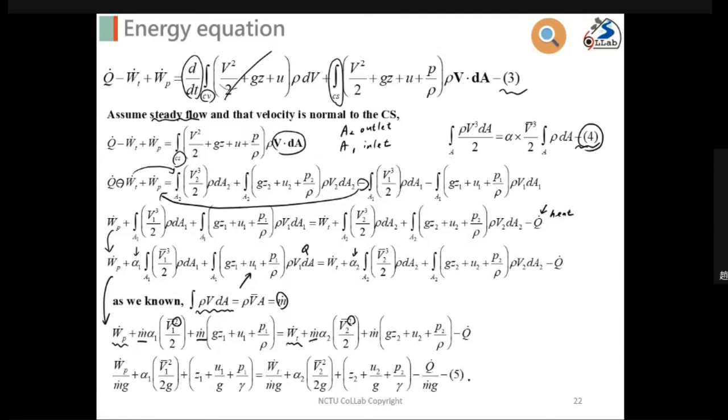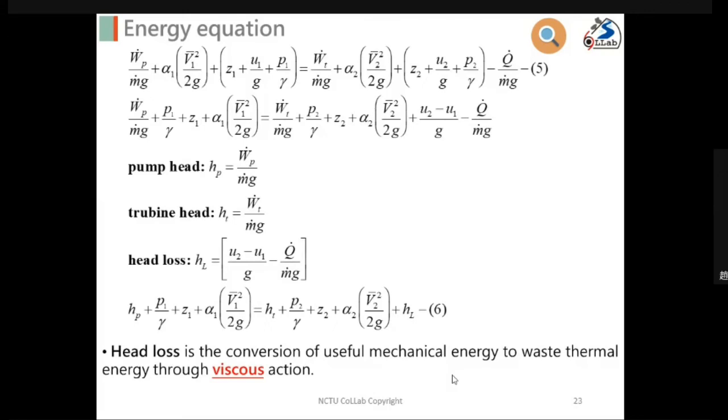And for this equation, we divide everything by the average g. So you can see the equation showing here is our final equation 5. So we go to the next.